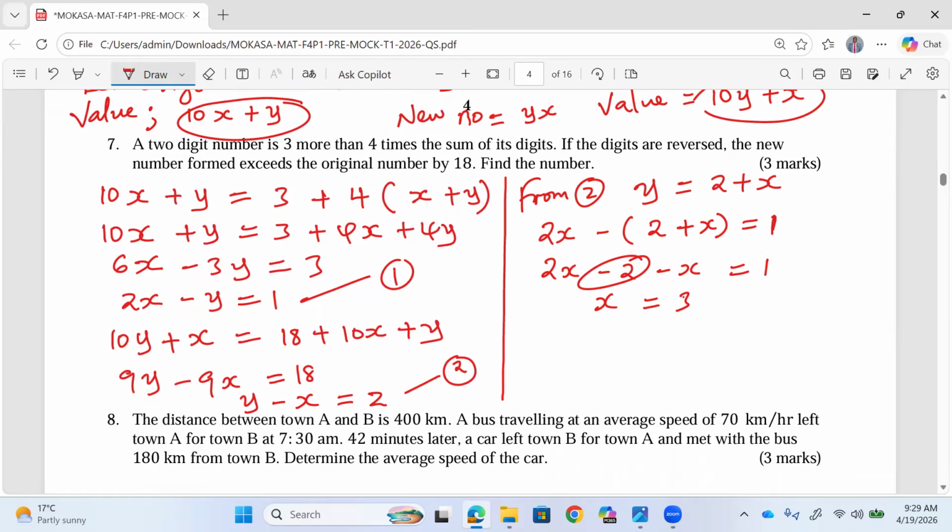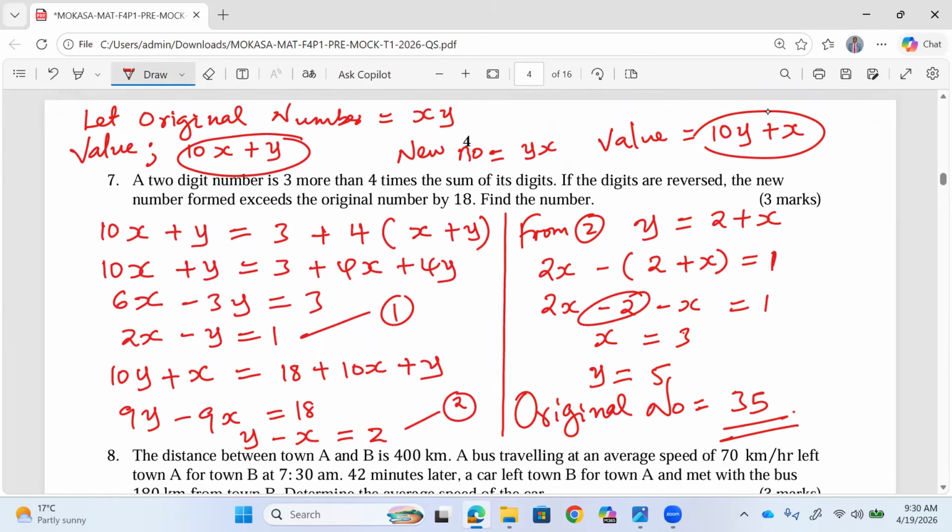The negative 2 becomes positive on the right-hand side. So x is 3. And the value of y can be picked now from 2 plus x, which is 5, meaning that the original number is going to be xy, 35. So the original number is 35.